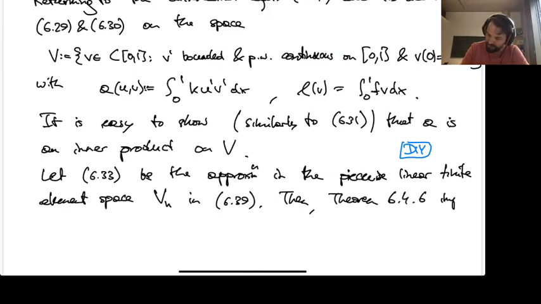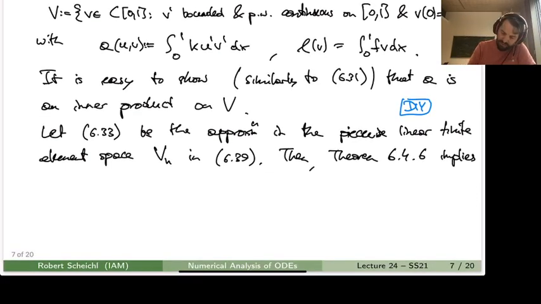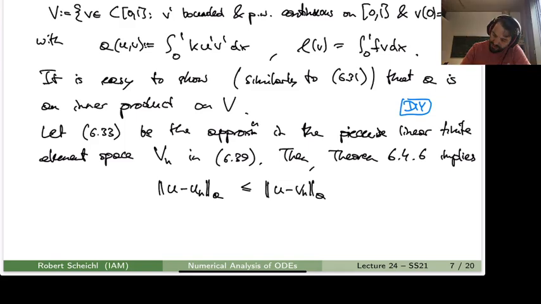In fact, that's not even needed. And we can just use Céa's lemma. So the norm of u minus u_h, the approximation in the finite element space, has to be less than or equal to u minus v_h in the energy norm for all piecewise linear functions on the mesh, so in V_h.